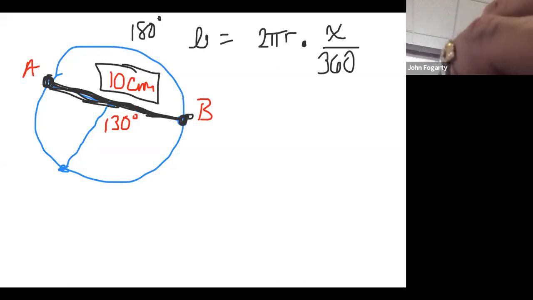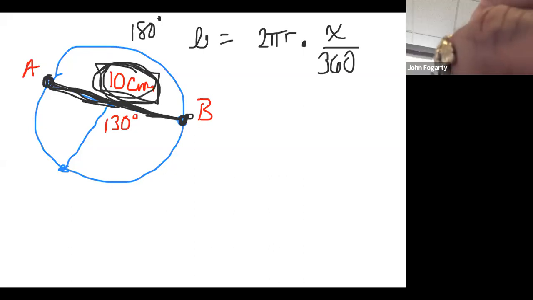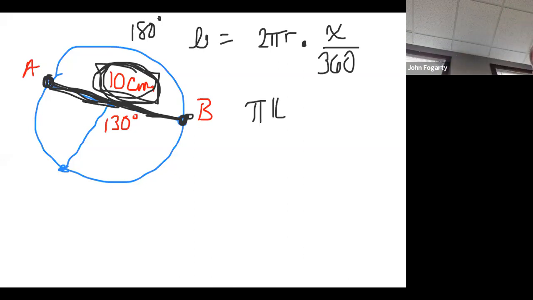What's 2 times the radius? The diameter, 10. So I don't need to write 2 times pi times 5. I'm just going to write pi times 10, or 10 pi, right?